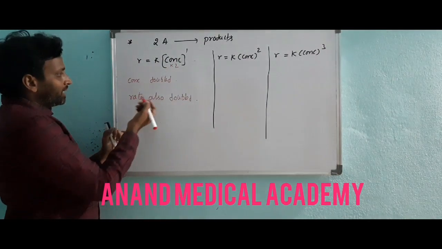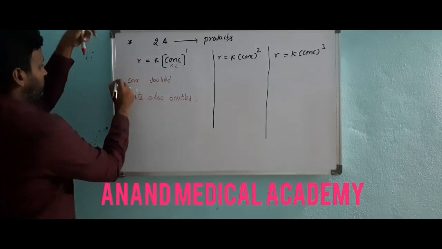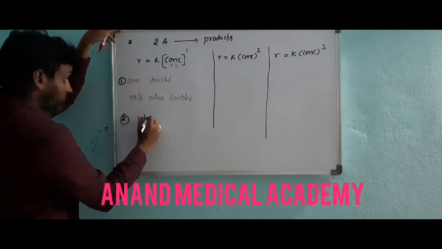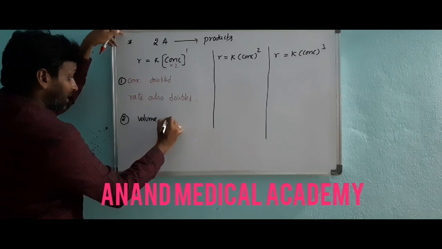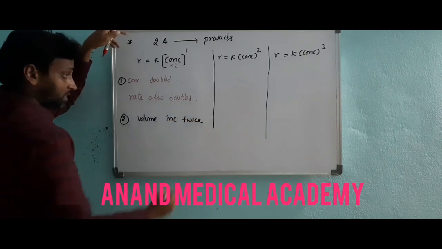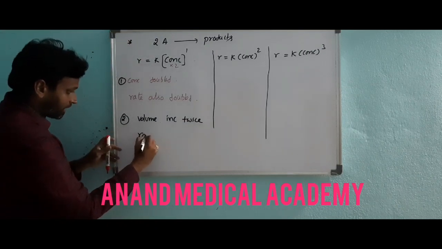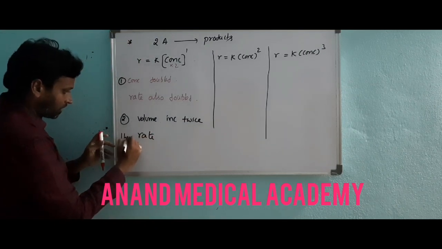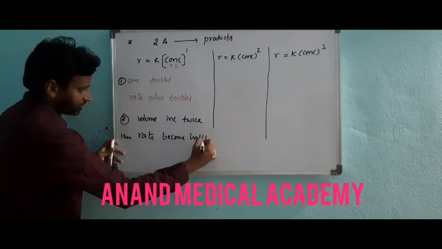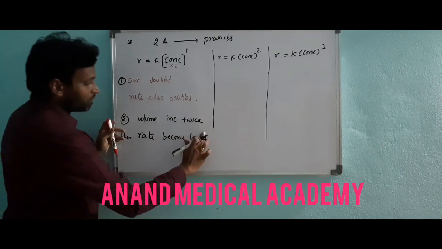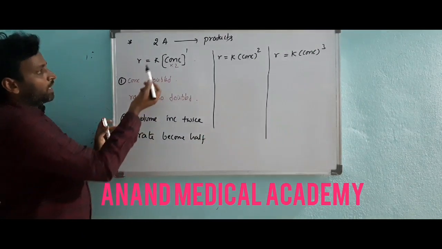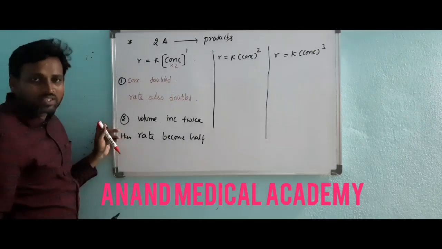Right? Here you can say one more thing. Volume. If volume increases 2 times, increases twice, then what happens to the rate? The rate becomes half. Why? Concentration and volume are inversely proportional.